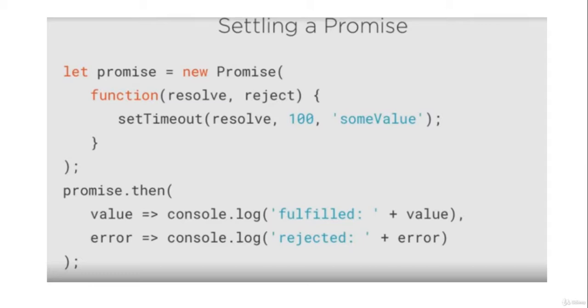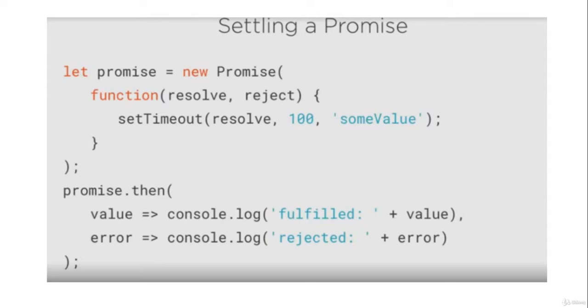The first function will execute when the promise is fulfilled. That means it resolved successfully, and the second argument is a function that executes if there's some kind of error, if the promise gets rejected.